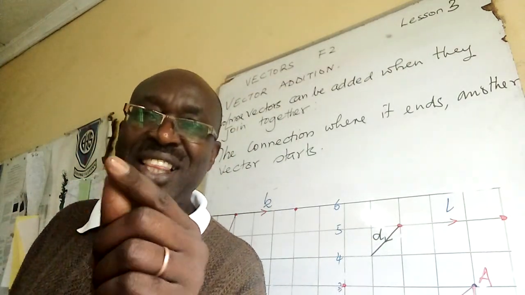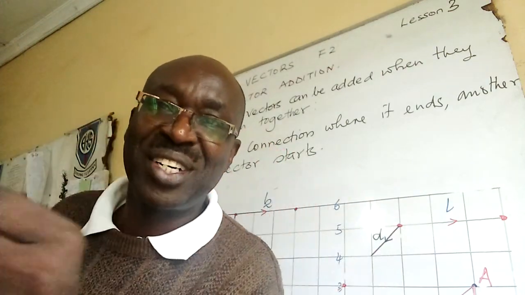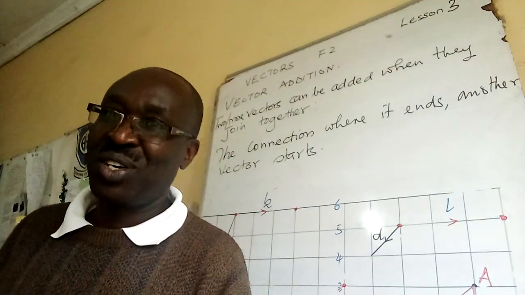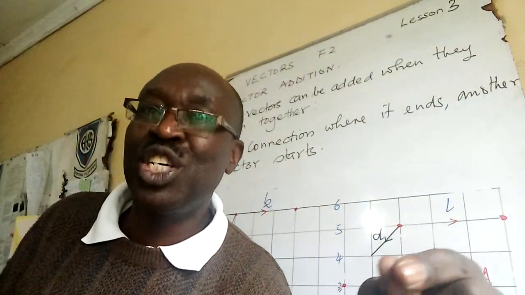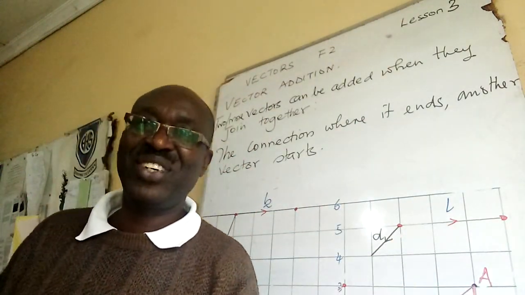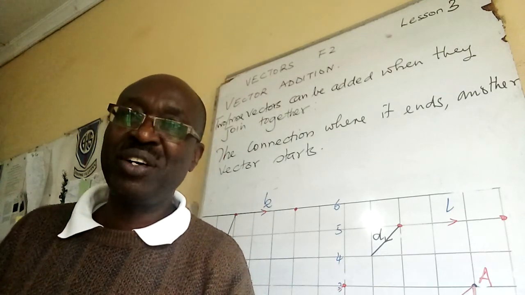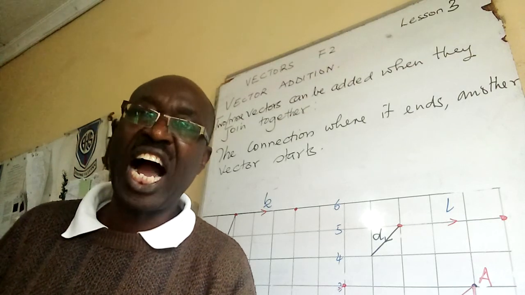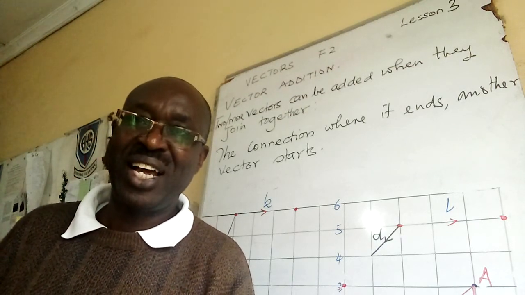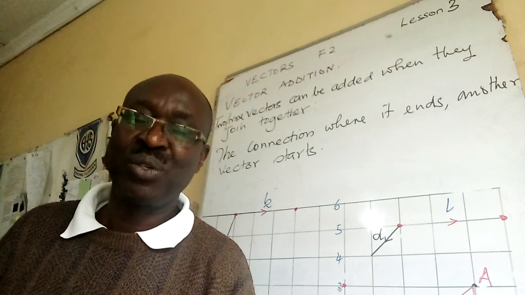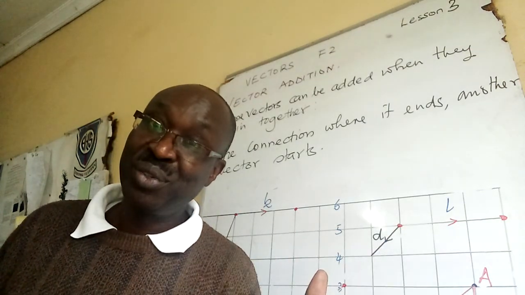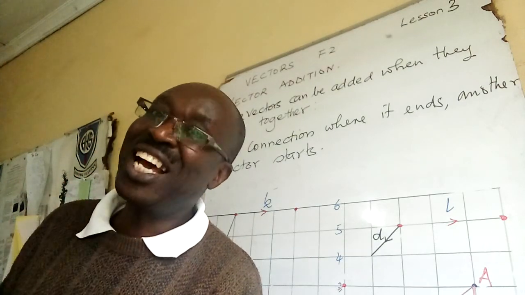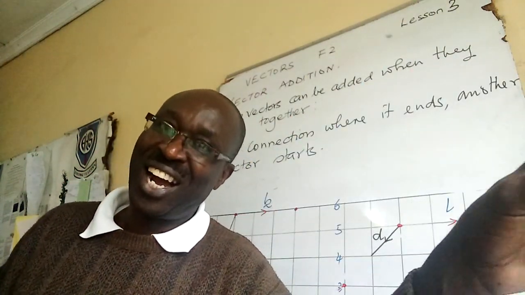So the key thing we are doing is connection. In life situation, it is called connection. Connect so that you proceed with the journey. So if I'm moving from here to Thika, I take a matatu from Kikuyu, I go to Nairobi, then connect to Thika.